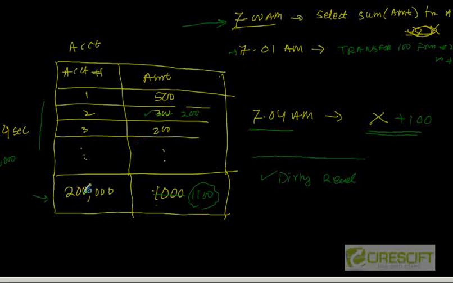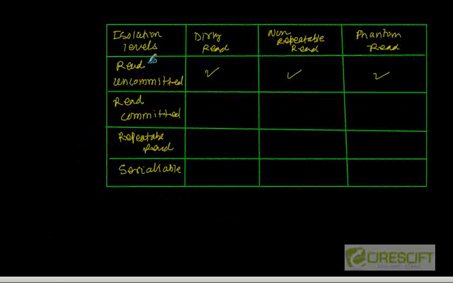And if somebody has added a couple more rows, we are going to have a phantom read. So in read uncommitted, all these occurrences can happen, and they are all bad, because from the transaction point of view we should get a consistent result whenever we run the query.